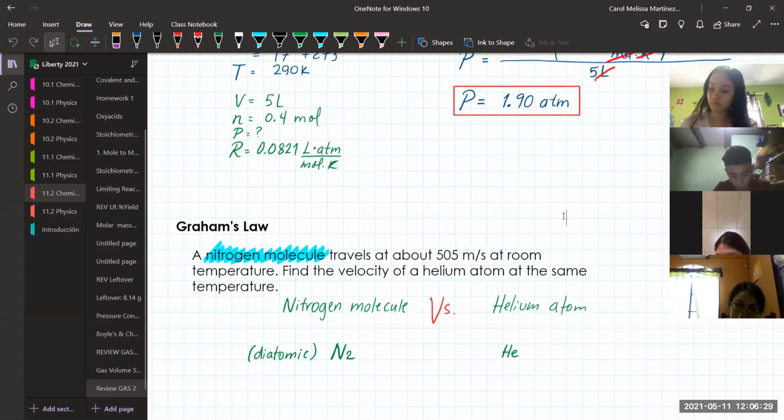Okay? Now, I know that this nitrogen molecule travels at a speed of 505 meters per second. And I want to know the velocity of the helium atom that is at the same temperature. Just remember, helium is not diatomic.